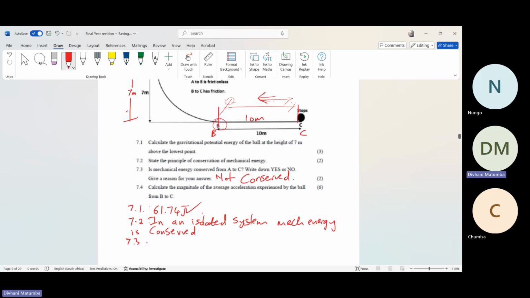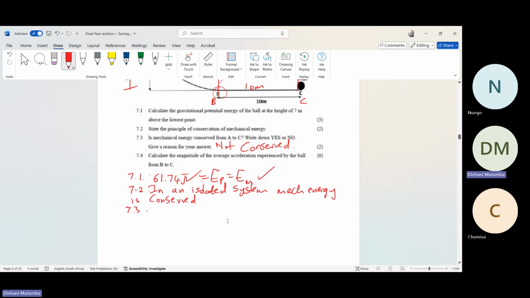Do you agree that the potential energy equals the mechanical energy at that point? Okay, so we do know the total mechanical energy.